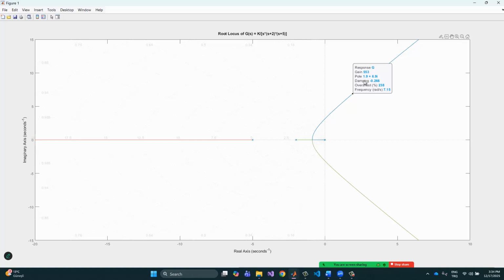Can you repeat the question? What is the meaning of having a positive pole, 1.9? Is this stable or not? Non-stable system. Yes, because we have the positive pole, right?